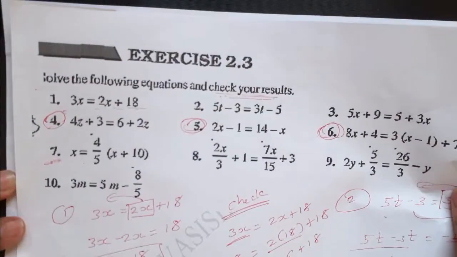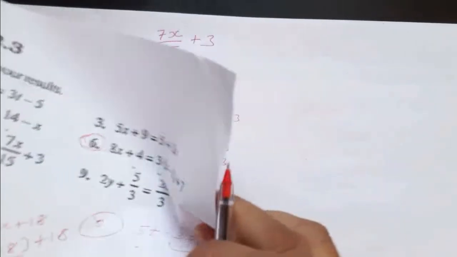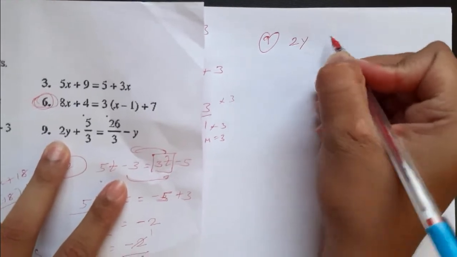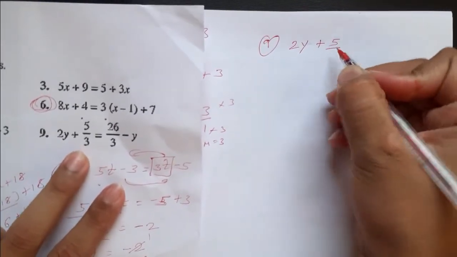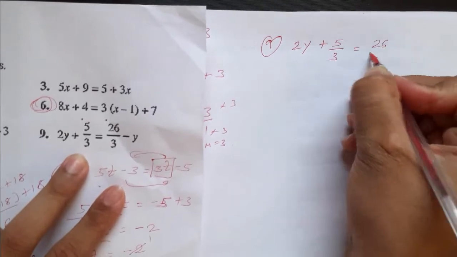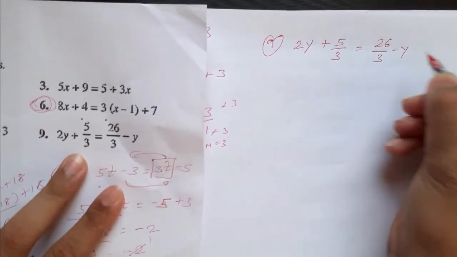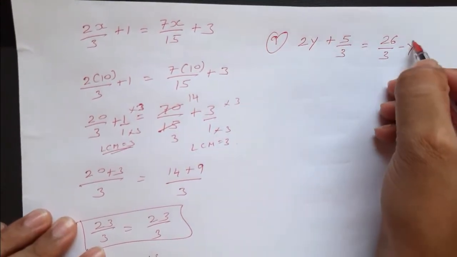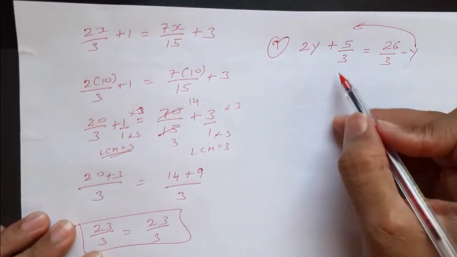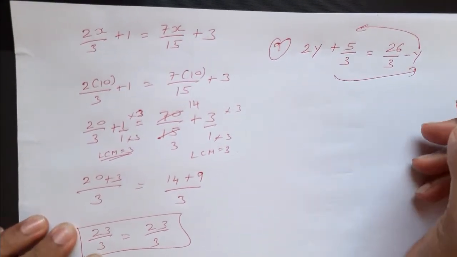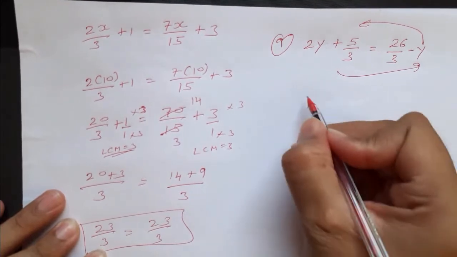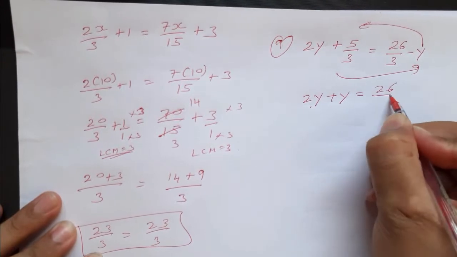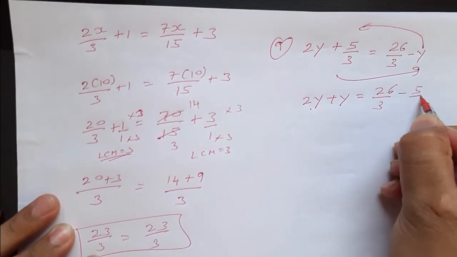The 9th question is 2y plus 5 by 3 equal to 26 by 3 minus y. So y is going to transpose to the LHS side and 5 by 3 to the RHS side. So 2y plus y equals 26 by 3 minus 5 by 3.